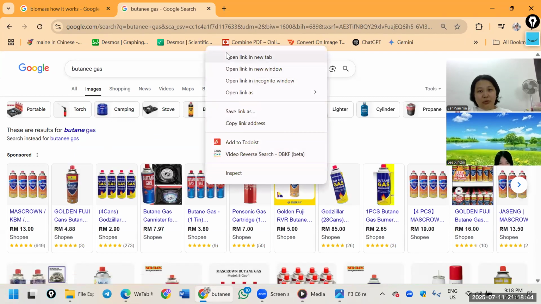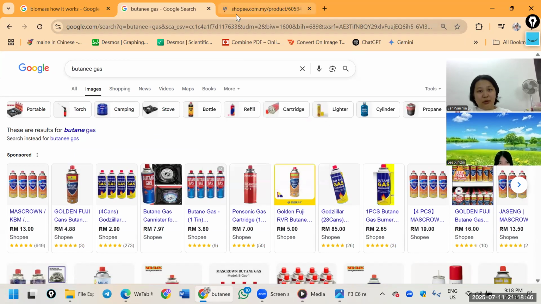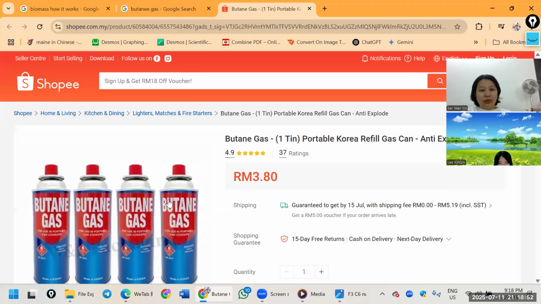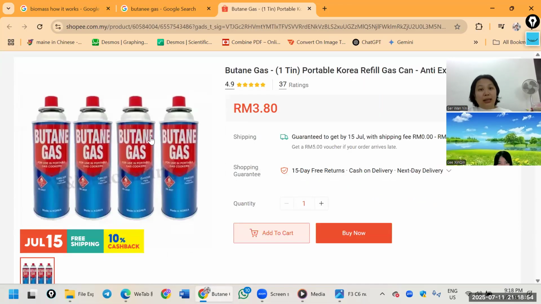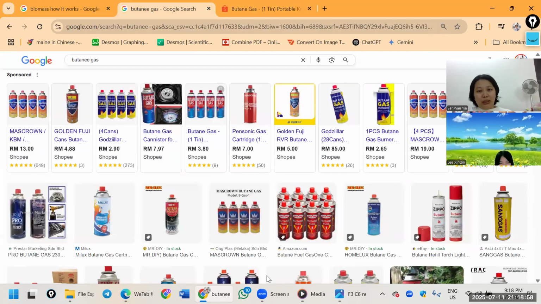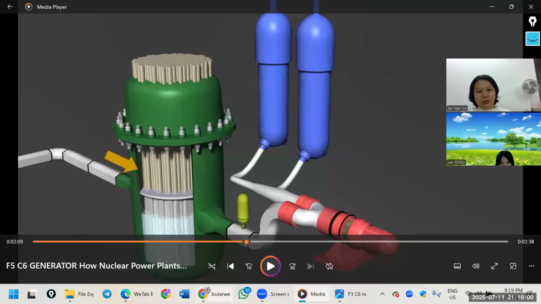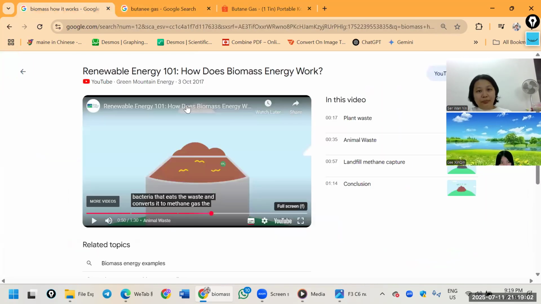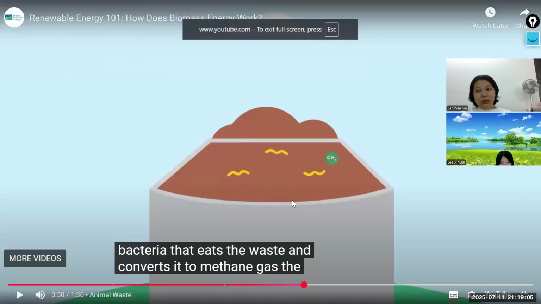I believe you all have seen this before, right? Butane gas. So almost the same thing, just the way they are processed is different. Butane gas is easy to burn. So you can imagine this process produces a lot of easy-burning gas.